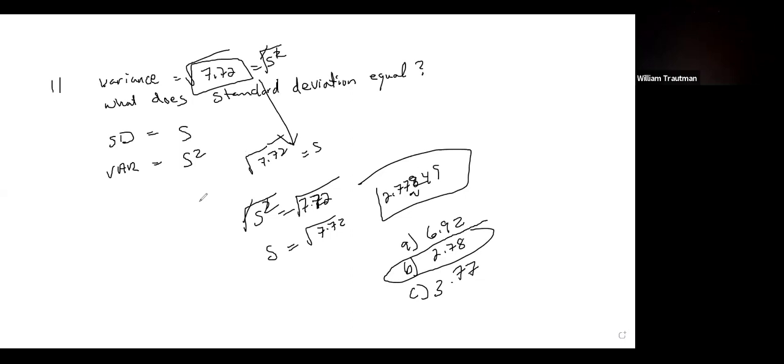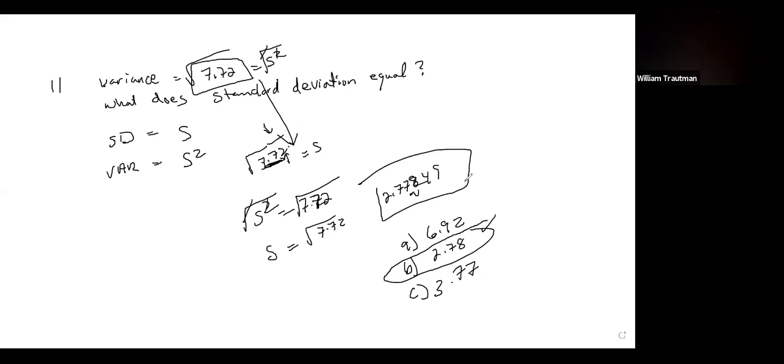Now, you always do it 1 decimal place more than the data. Since we already had S at 2 decimal places, then variance is also going to be at 2 decimal places, because your data was probably 1 decimal place. We got 7.72 for S, so we're going to go 2 decimal places.